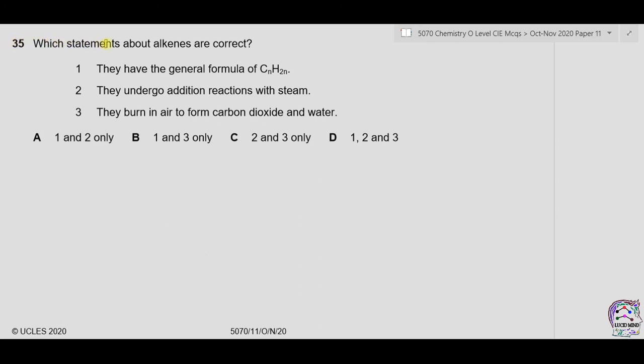Question number 35. Which statements about alkenes are correct? Number 1. They have general formula of CnH2n. As for number of carbon atoms, the number of hydrogen atoms are double, so therefore 1 is correct. Number 2. They undergo addition reaction with steam. This is also correct.